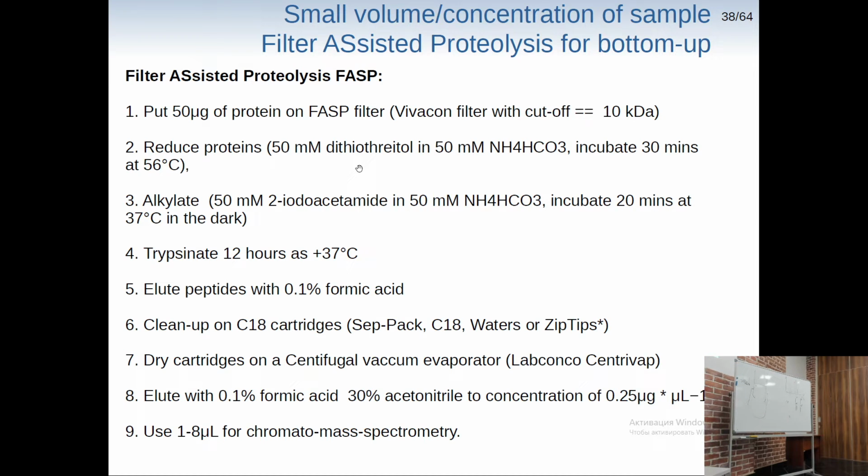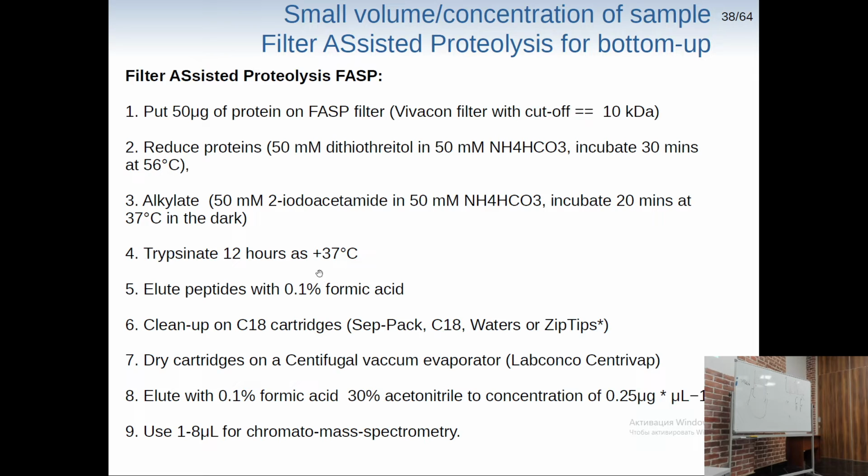The protocol is simple. You will still have to buy this filter. It's not quite pricey. Just as Vivacon, for instance, there are a lot of different trademarks. You have to reduce and alkylate your proteins of interest, because you want that in mass spectrometry.